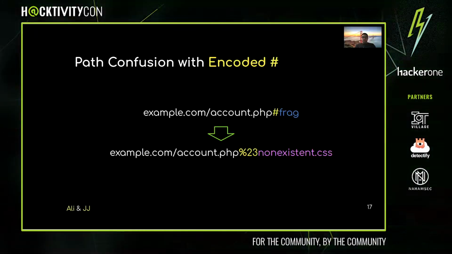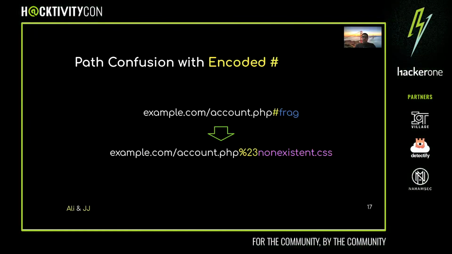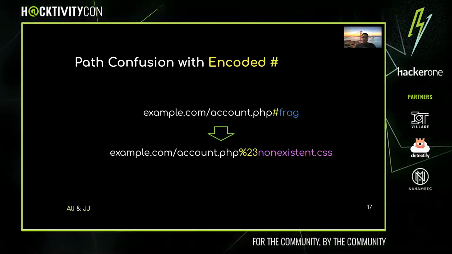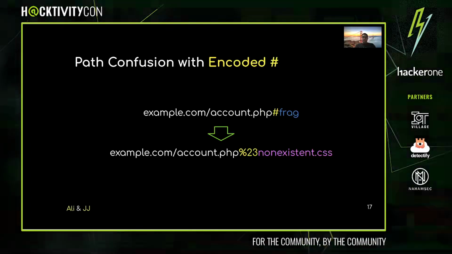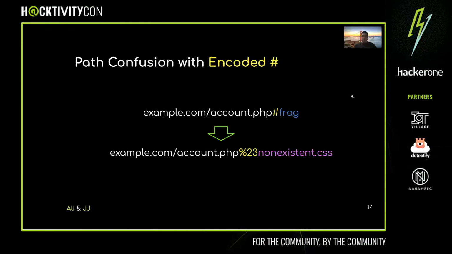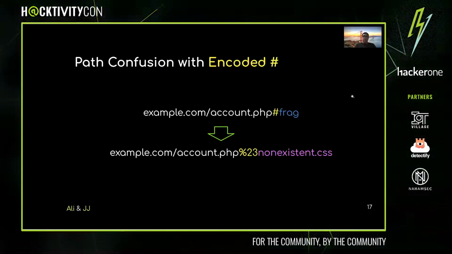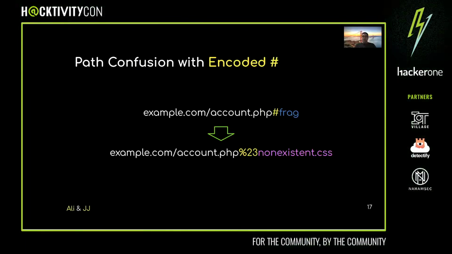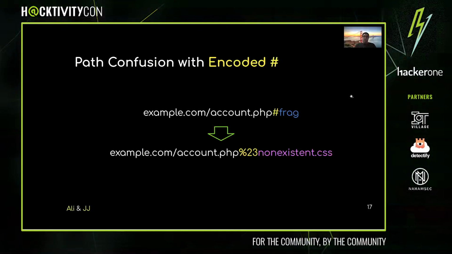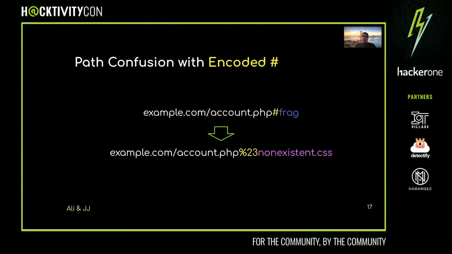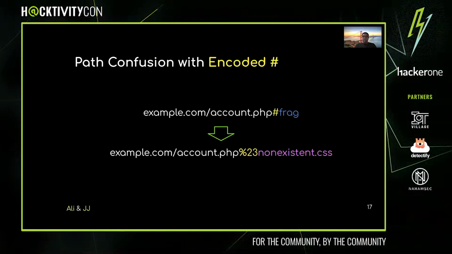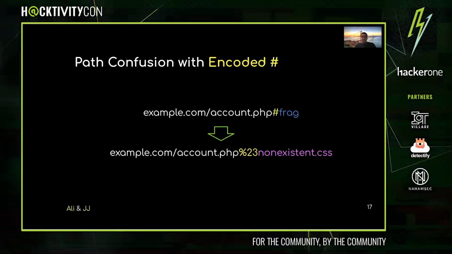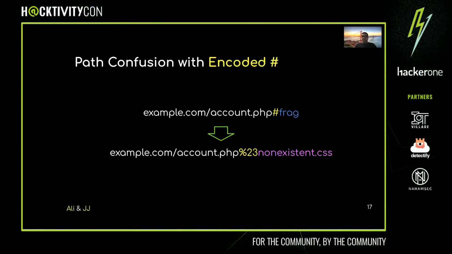As a result, when we add a non-existent .css at the end of the account.php and separate them by the encoded version of the pound, the CDN thinks this is a CSS file and wants to cache it, even though the web server understands this is a fragment. It's going to throw it away and return a valid result.